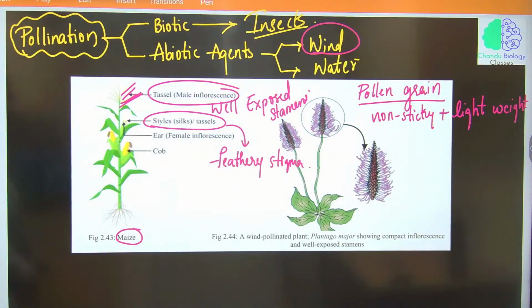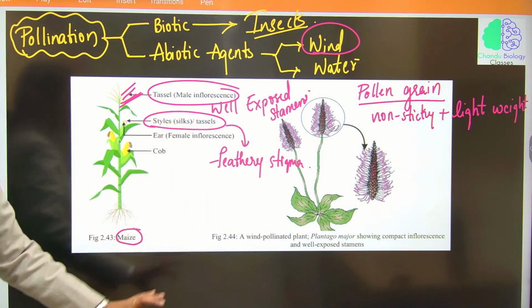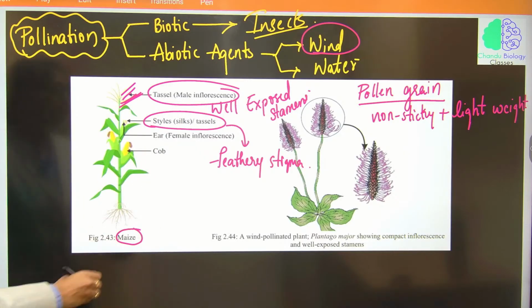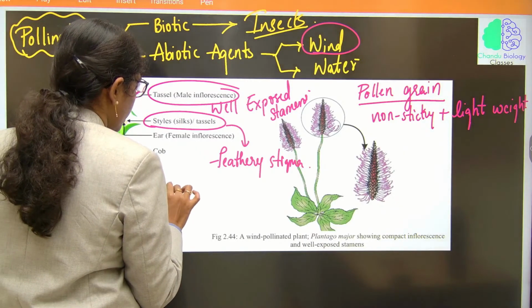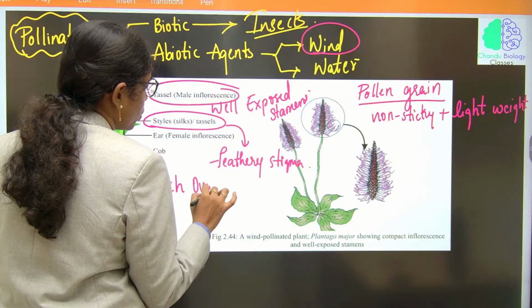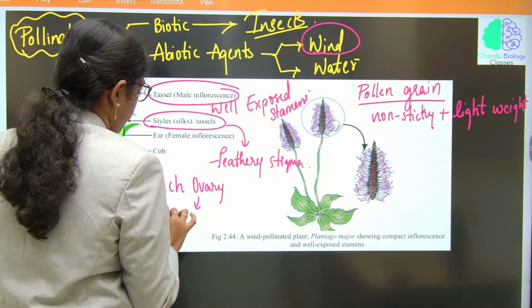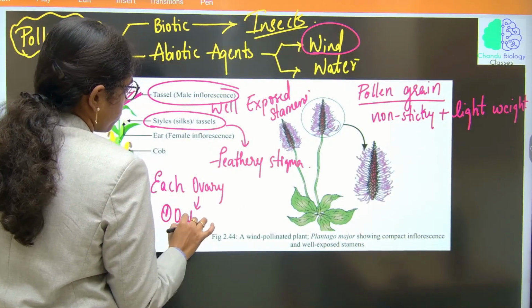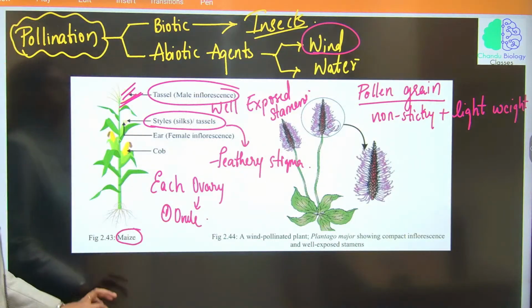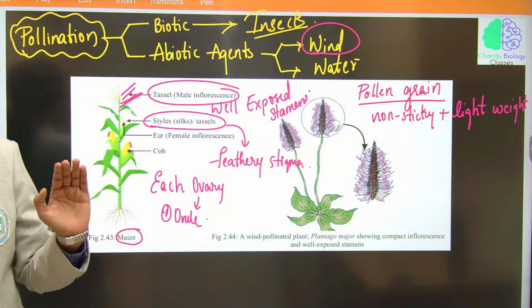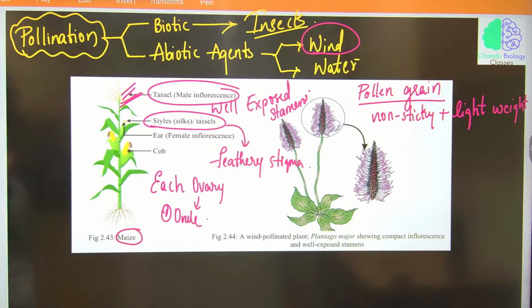So well exposed stamens, feathery stigma, and pollen grains that are light and non-sticky. And then each ovary will have a single ovule mostly. So these are the characteristic features of the plants which are pollinated by wind.